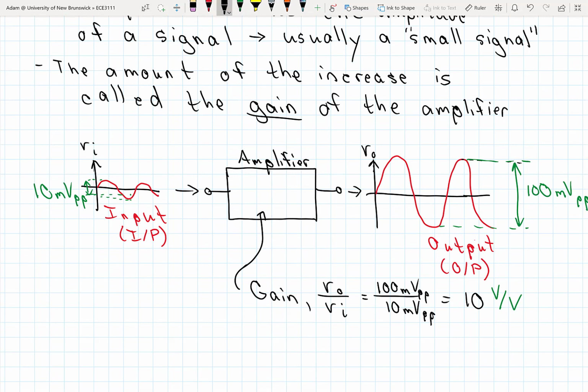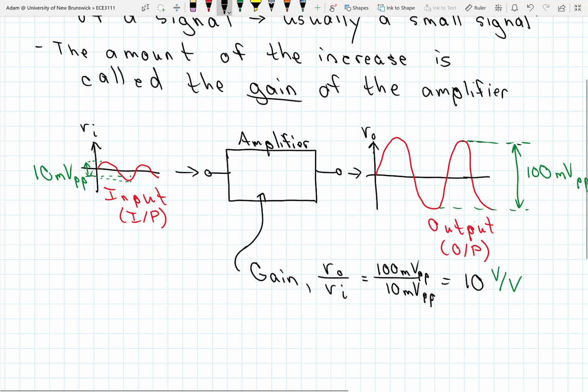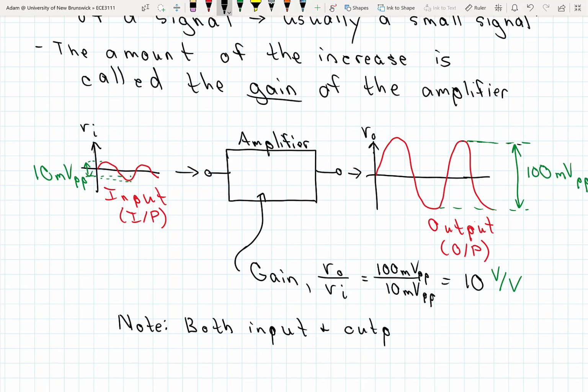Okay, so just to note here, both the input and output were voltages.